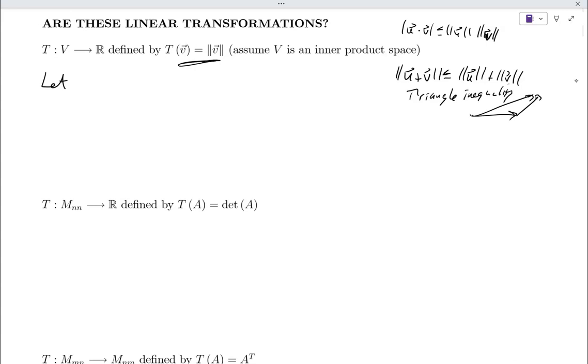Let's let our vector space be R2. Let's say our U is the vector 1, 0, and V is the vector 0, 1. Let's take a specific counterexample here.